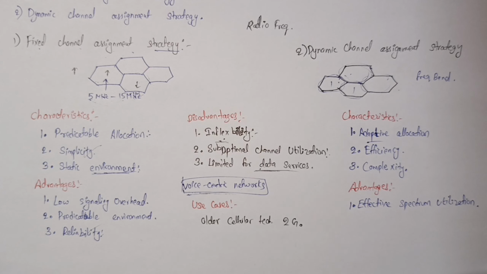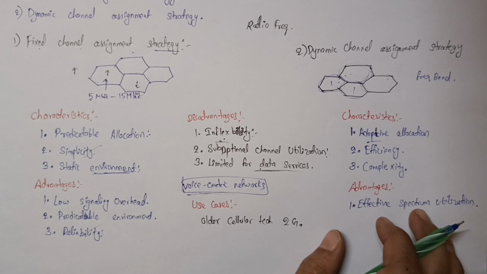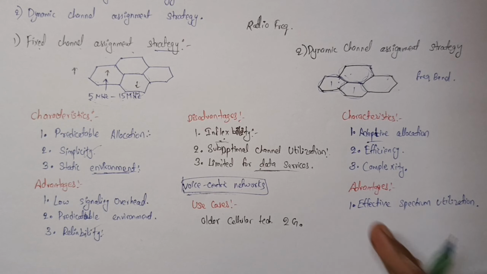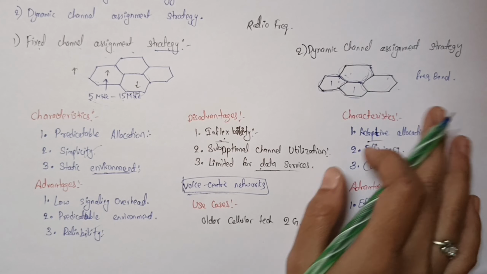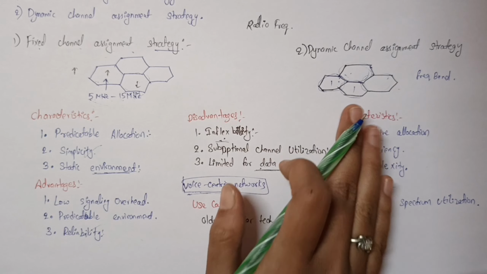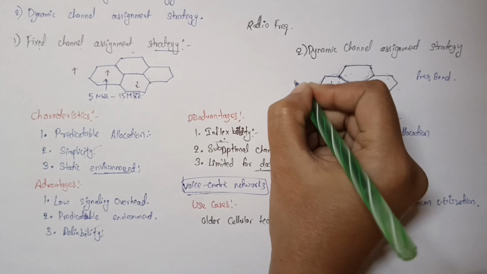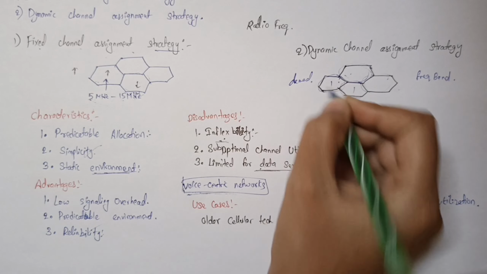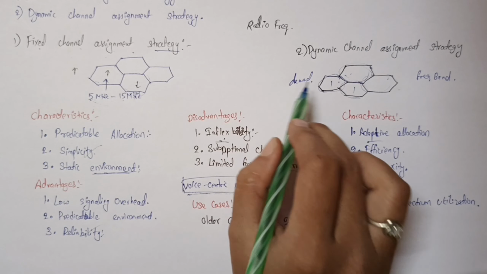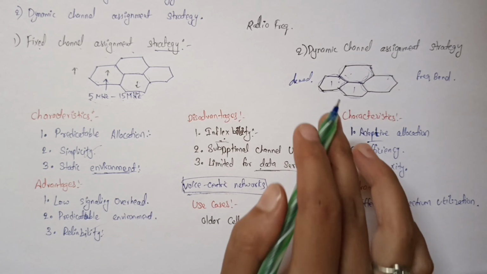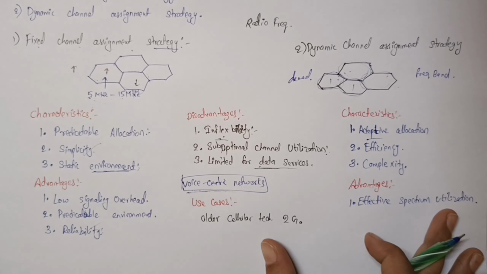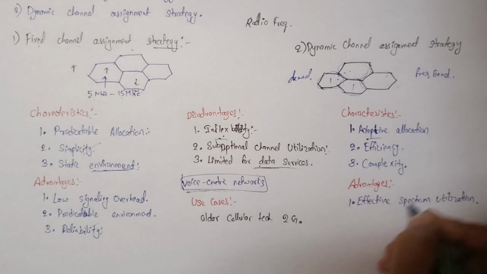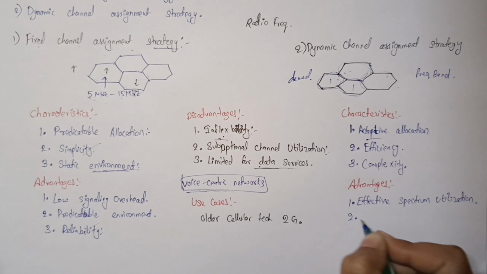Why is that? In dynamic channel assignment strategy, it maximizes the utilization of available spectrum by allocating the channels to the cells based only on demand. If there is a demand, only then the channel will get allocated to the user in the cell. This results in more efficient use of the resources. That's why it is an advantage that it uses the spectrum effectively.